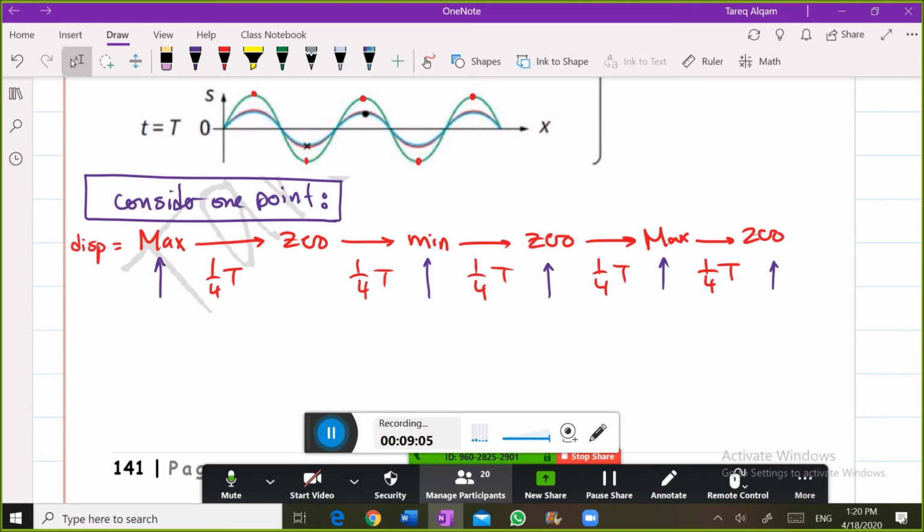This particle will oscillate up and down or right and left, no matter what it is. So at its maximum displacement first, after quarter cycle, it returns to equilibrium position 0. Then after quarter cycle, it becomes minimum. Then after quarter cycle, it becomes 0, and so on, in this way. Okay?